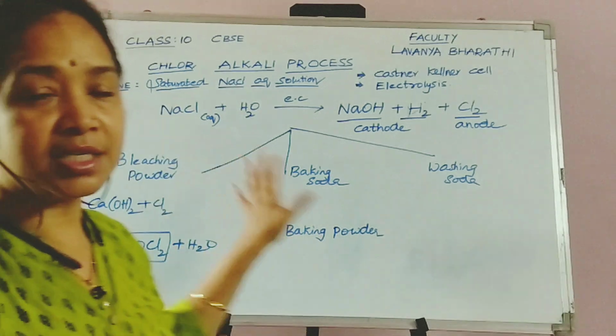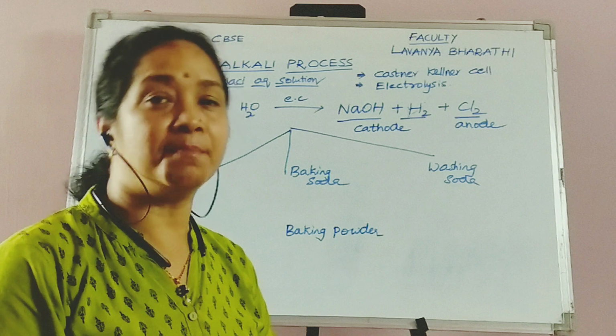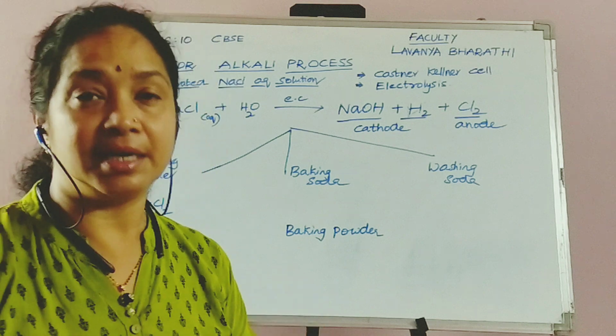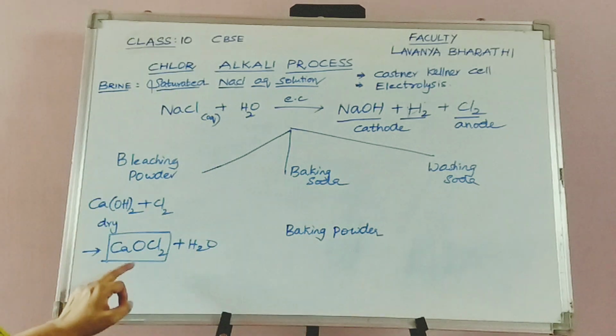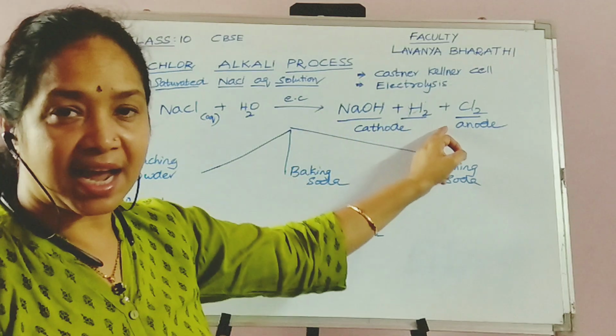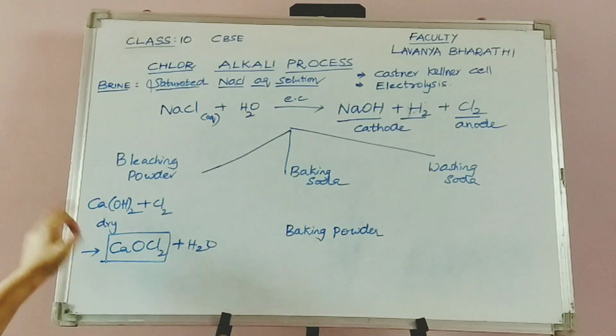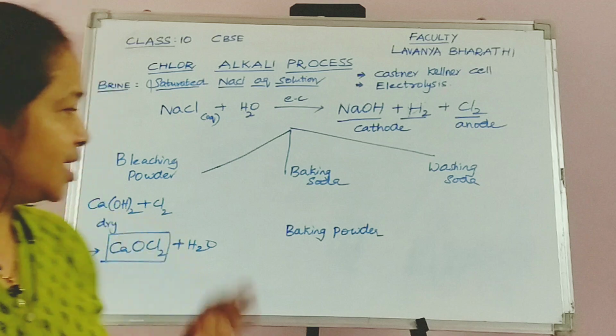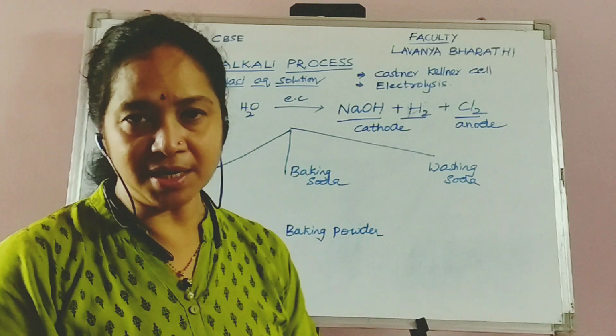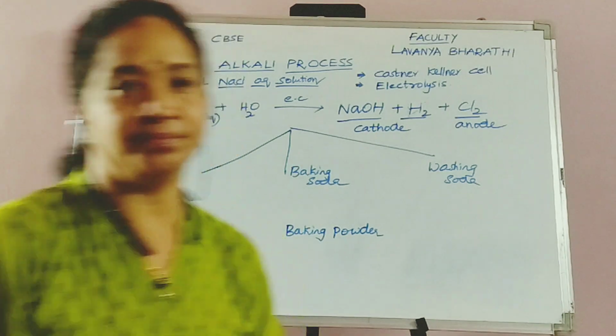So this is how we obtain bleaching powder. Once again, I repeat, bleaching powder is obtained when chlorine gas is pumped into dry calcium hydroxide. Next, we move on to the next one, that is baking soda.